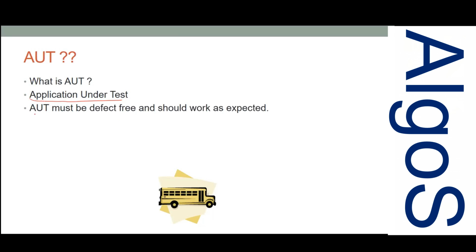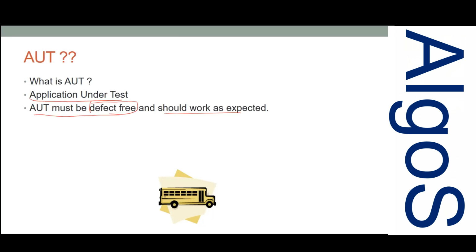So AUT must be defect-free and should work as expected. That is the ultimate aim of testing. What is that? It must be defect-free. Defect means what? Since software is written by humans, there is a probability that humans commit some mistakes. They might not be able to create a perfect software. But our aim is to deliver a perfect software.